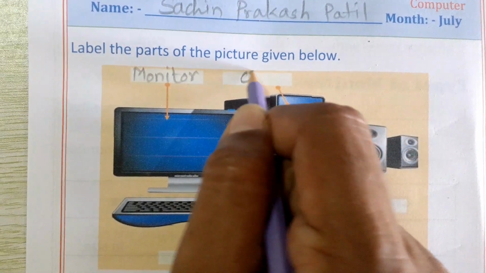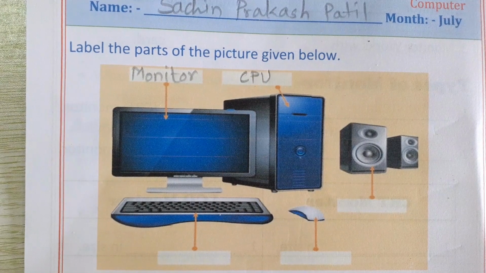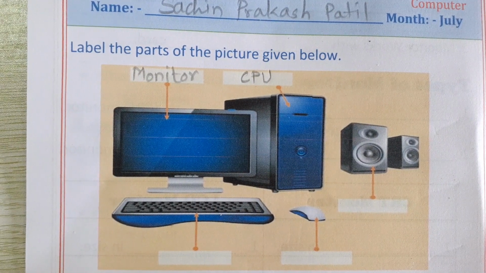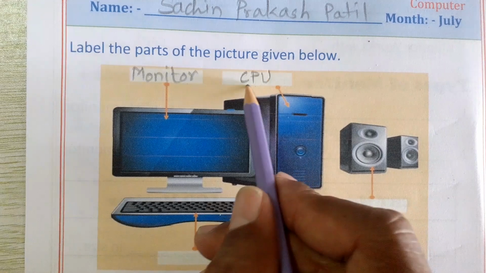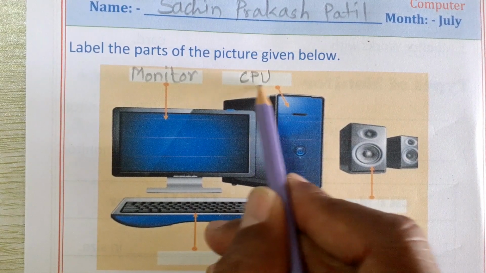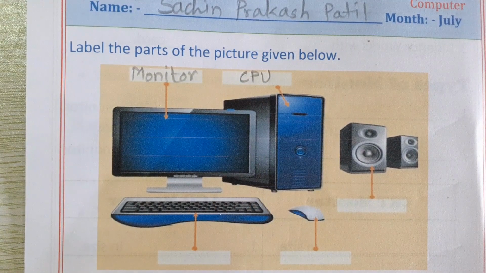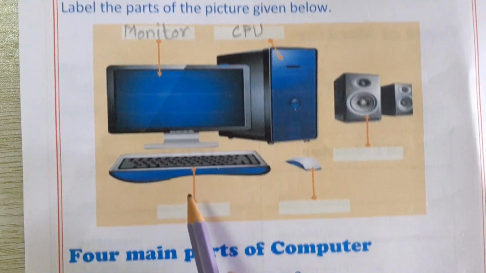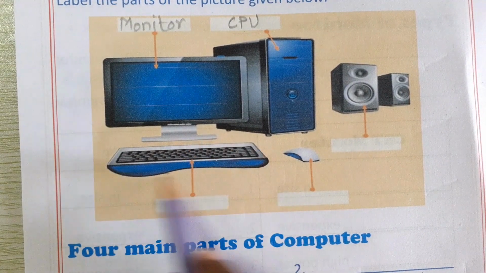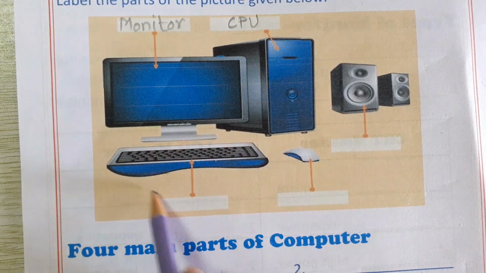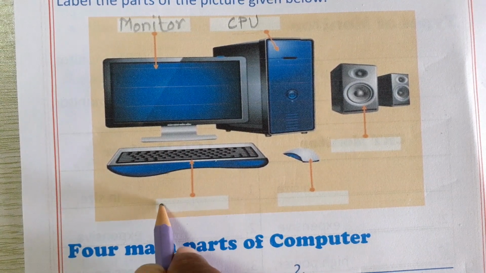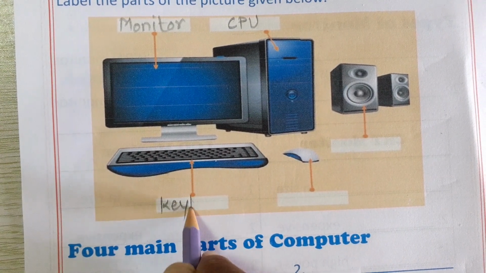CPU. CPU means Central Processing Unit. Understand? Now, here, see. This is the keyboard. You write keyboard.